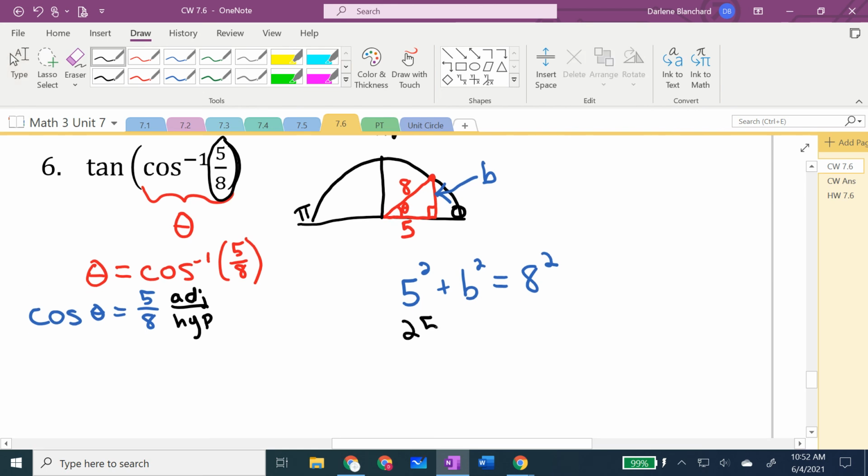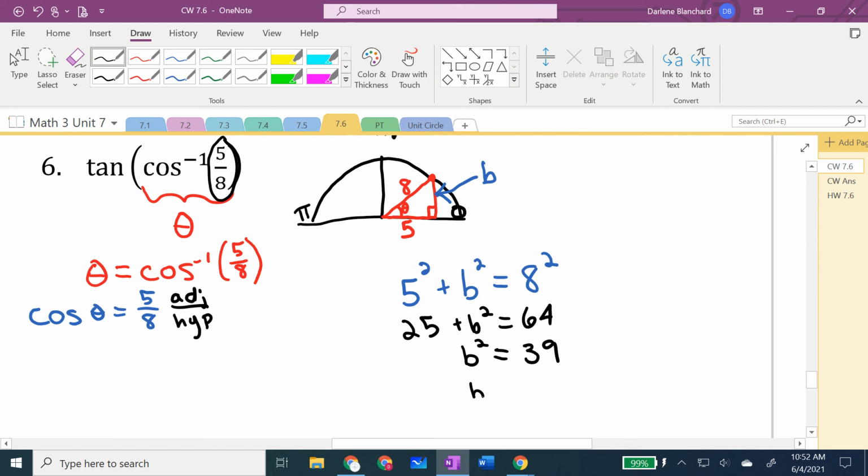So I have 25 plus b squared equals 64. 64 minus 25 will give me 39. Double check my subtraction. Tell me if I'm wrong, because I'm pretty sure I'm right, but I also make mistakes sometimes. I got the exact same answer. Yay, thank you.